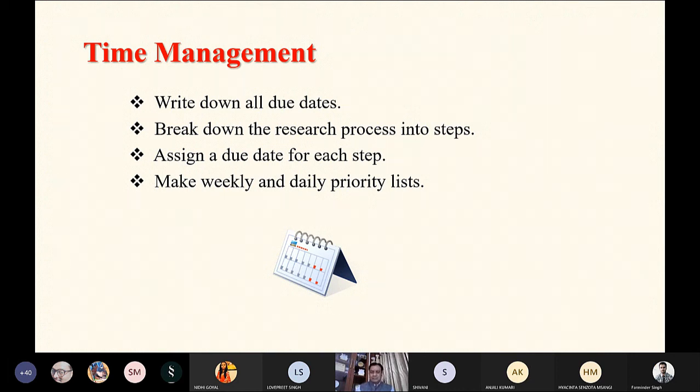If some breakdown takes place, say, for example, for the last 2 or 3 days I have been working and, for some reason, I have not been able to continue the work for another 2 days, then whenever I start the work again, I have to start from the very beginning, just to recall what exactly has already been done by me, and then I will start.